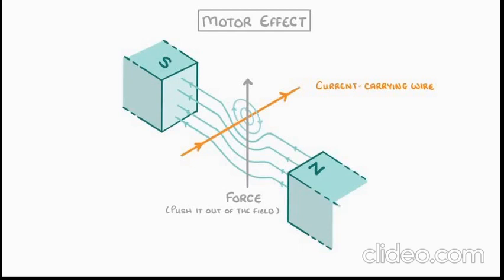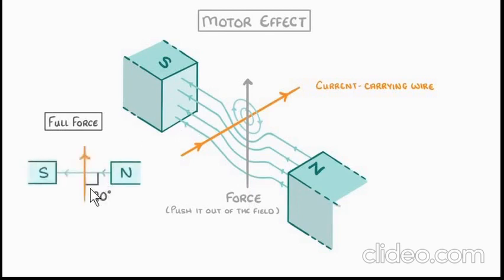And I'm sure you are learning it in maths also, that whenever two vectors interact, they produce a resultant force. The effect of these two vector quantities can cause this force to be either maximum or minimum. The full force happens when the direction of the current and the direction of the magnetic field are at 90 degrees.